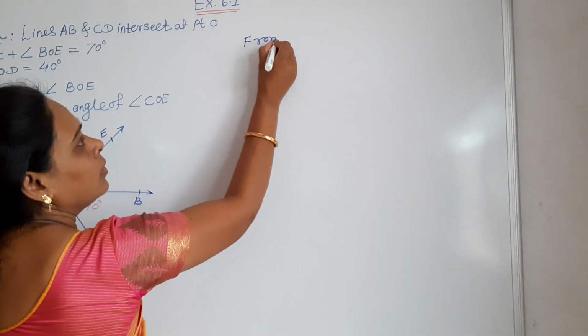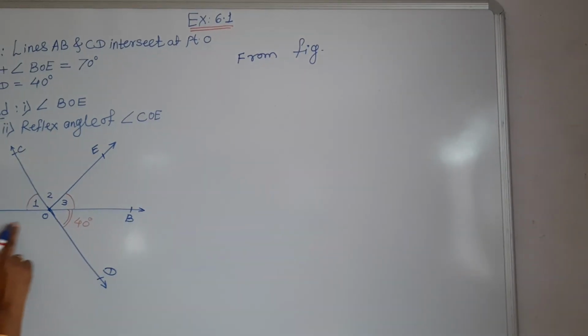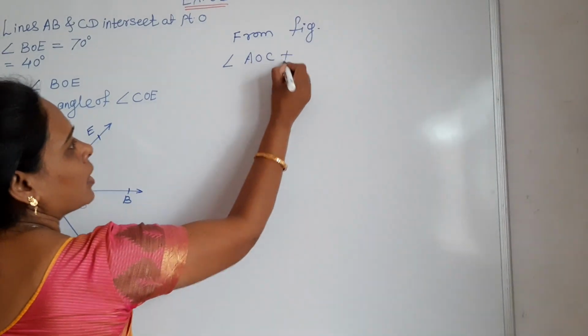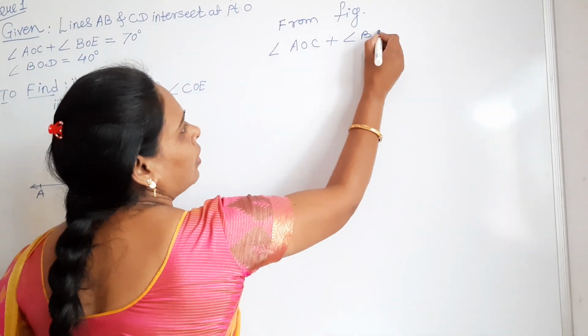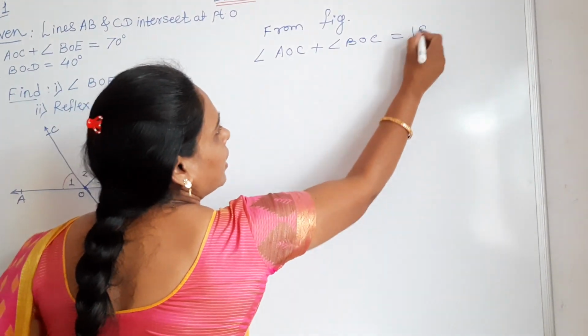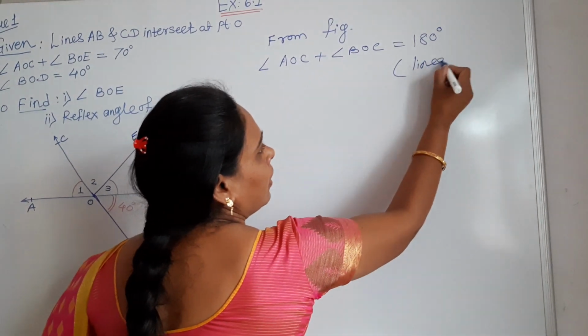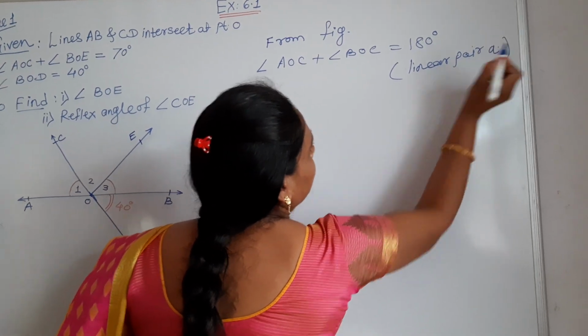from the figure, angle AOC plus angle BOC is equal to 180 degrees. And what is the reason for this statement? Linear pair angles.